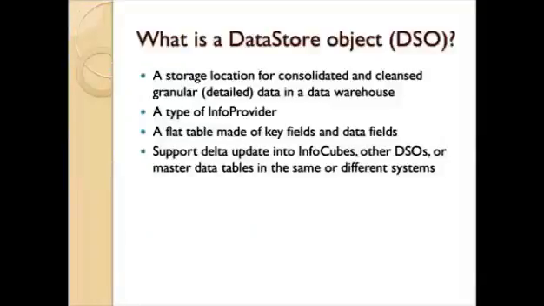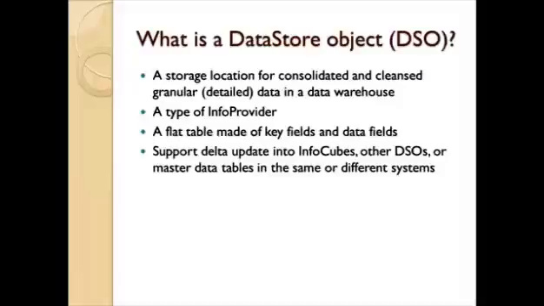Okay, first of all, what is a data store object, or DSO? As the name implies, this is an object that is used to store data. It is a storage location for consolidated and cleansed granular data in a data warehouse. Notice that in a data store we store granular or detailed data, also called document level or atomic level.